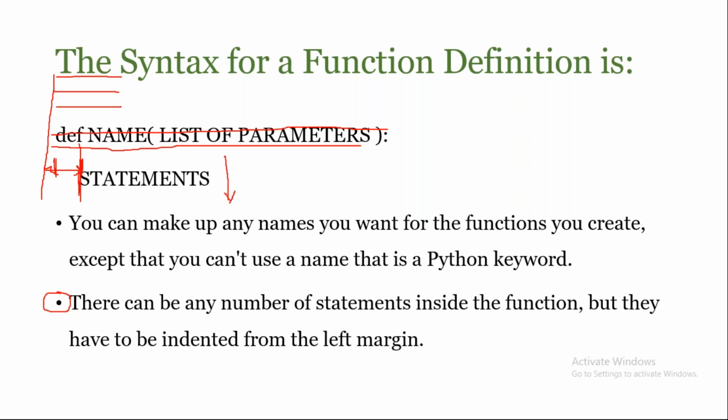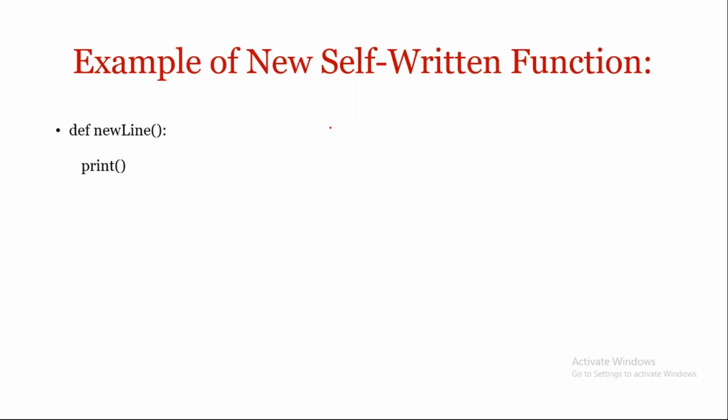That means this is the thing that the function is going to do. So always put this indentation, otherwise whatever function you have written will be incorrect. So the syntax of the function is as simple as this. Now we'll see the usability of the function, and that will make it much clearer.